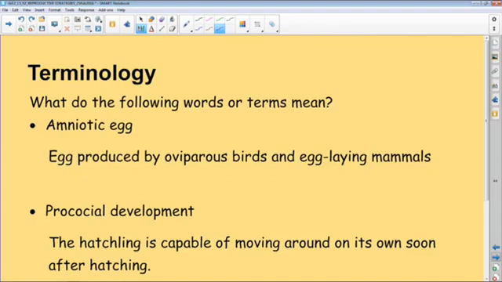The first one is amniotic egg. And if we have a look at it, that's an egg produced by an oviparous bird and egg-laying mammals. Ooh, egg-laying mammals. Do you know what an egg-laying mammal is?